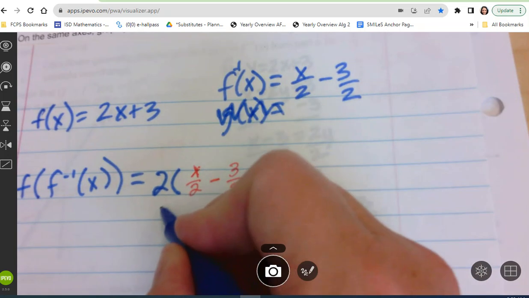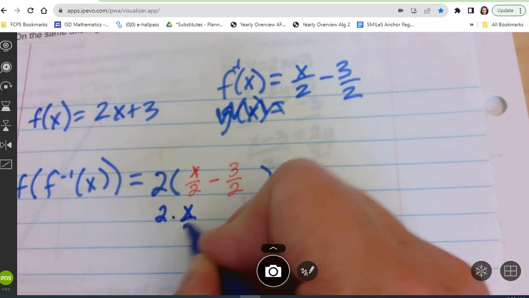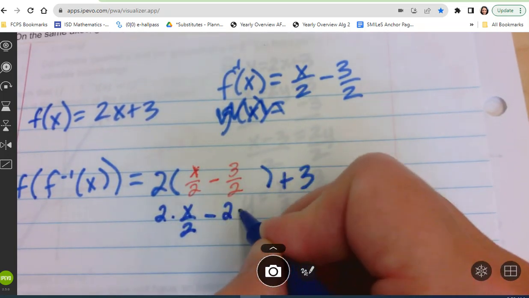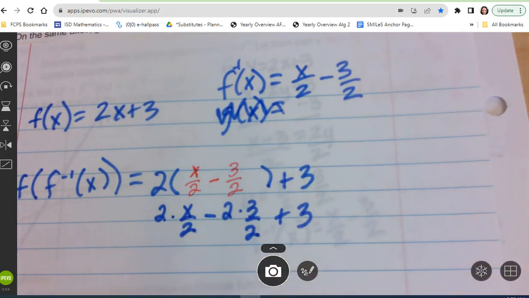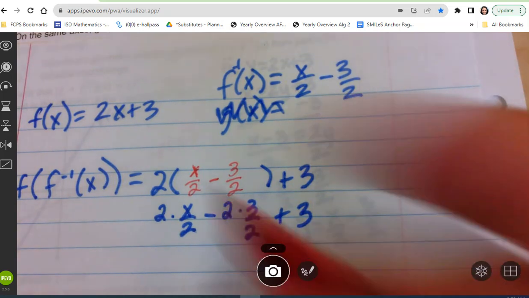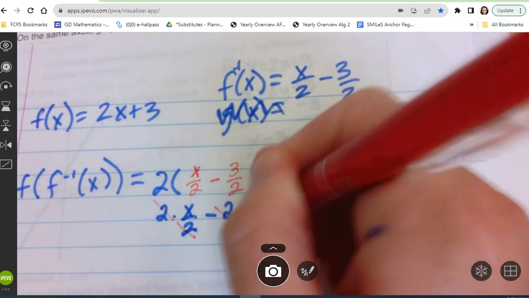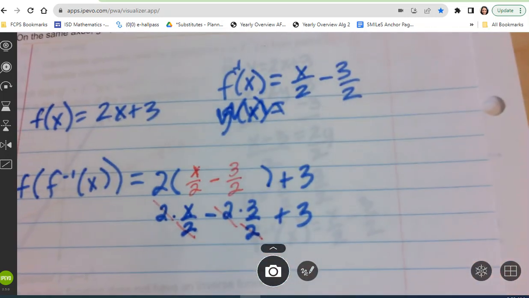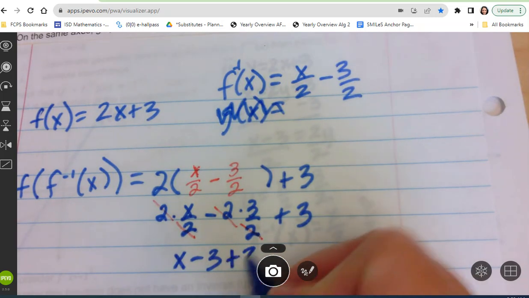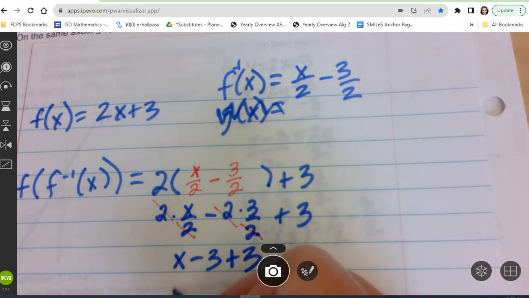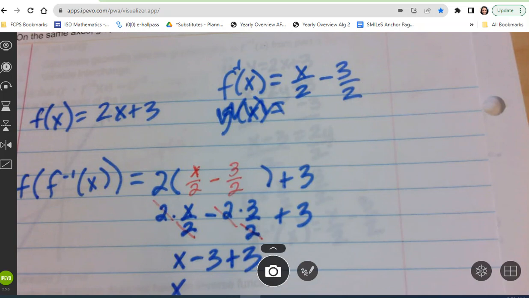So I have 2 times x over 2 minus 2 times 3 over 2 plus 3. These 2's cancel and these 2's cancel. And so I get x minus 3 plus 3, which is just x. So it worked, right? The antidote worked. It brought us back to x where we started.